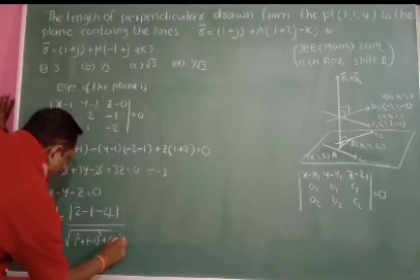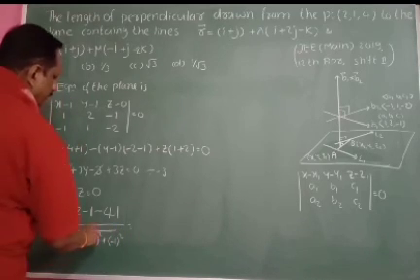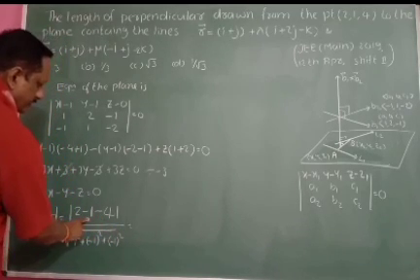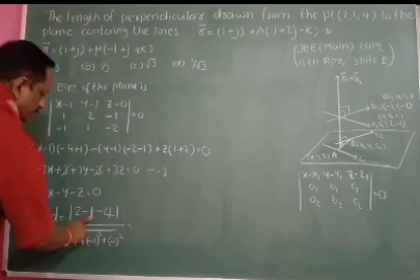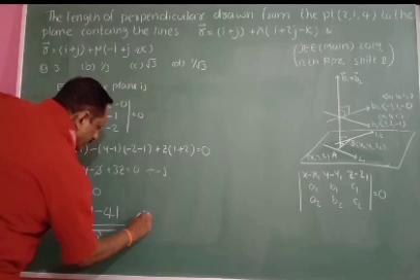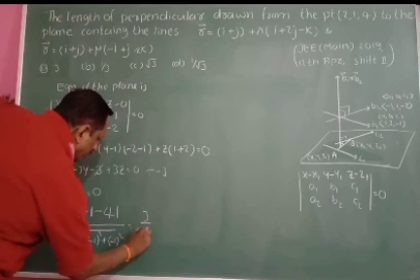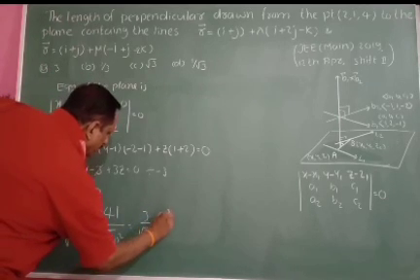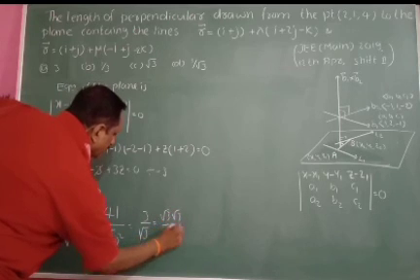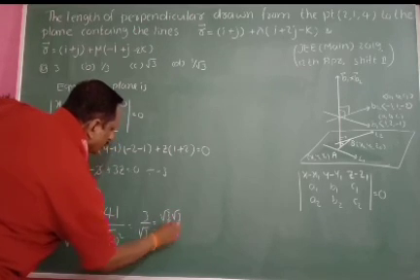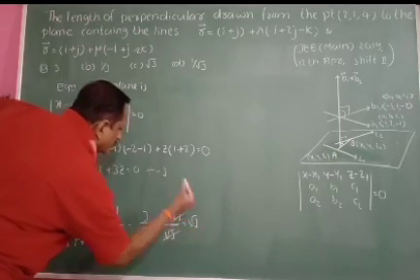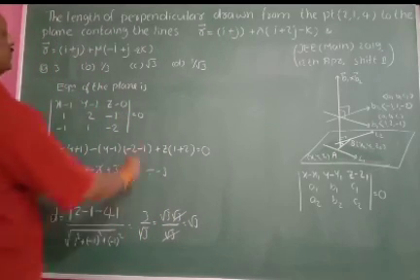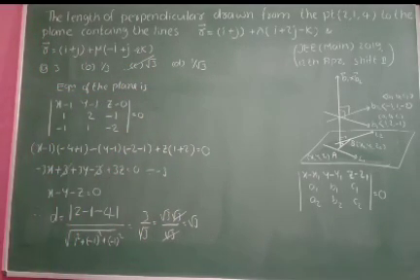Therefore 2 minus 1 minus 4 is minus 3, divided by root 3. Minus and minus become plus, so 3 divided by root 3, that is root 3 into root 3 divided by root 3. Root 3 cancels. Therefore the required distance is root 3 units.